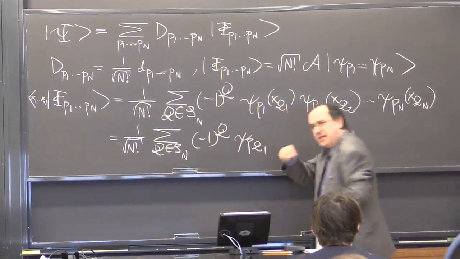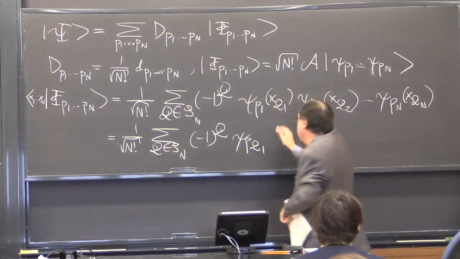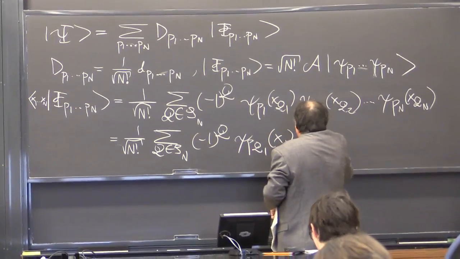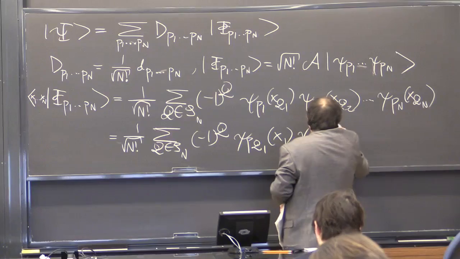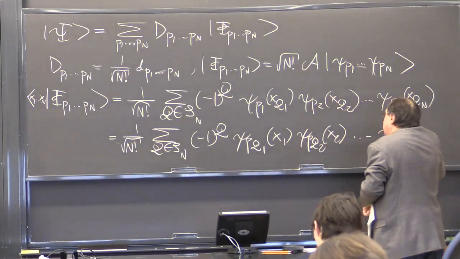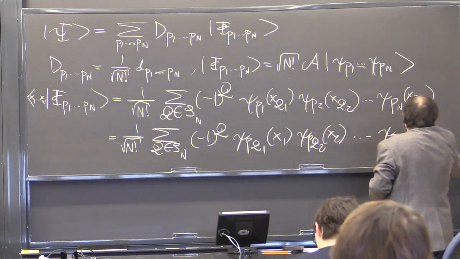Now, lots of indices, so please bear with me. 1 here will be replaced by q1, but I'm not going to touch the coordinates of our fermions. Then psi p q2, x2, and dot, dot, dot. In the end, we have psi p qn xn.